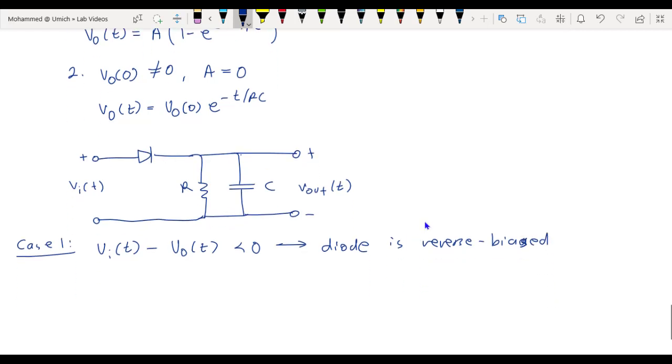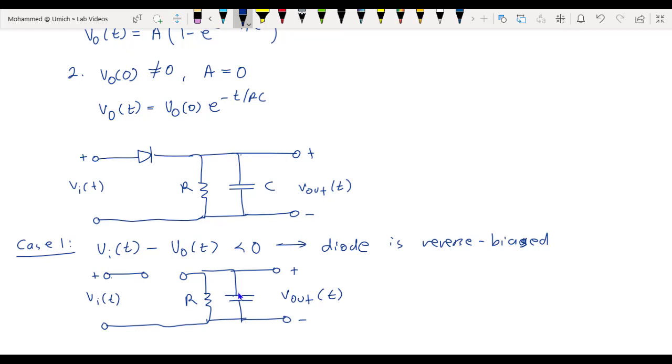A reverse biased diode is equivalent to an open circuit, which means that our envelope detector circuit can be replaced with an input voltage V in of t followed by an open circuit and then our RC configuration. So this is simply an RC circuit where the capacitor will discharge through the resistor.